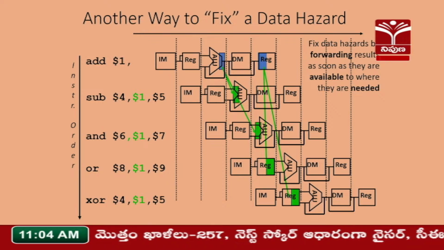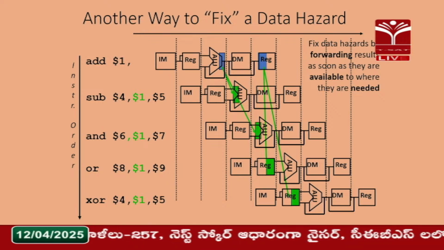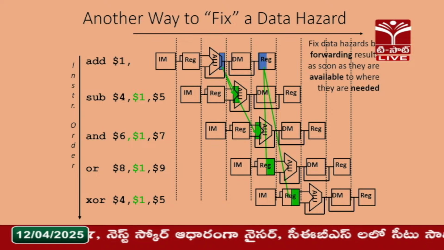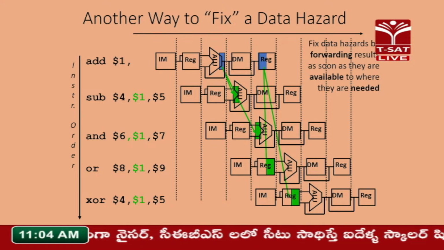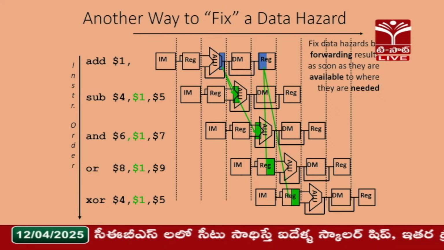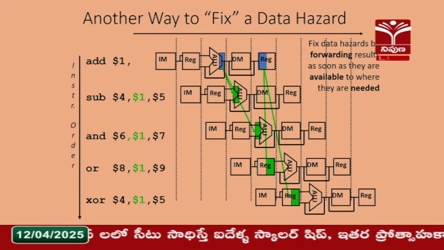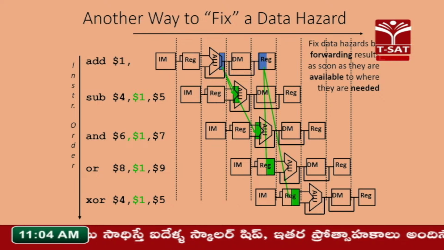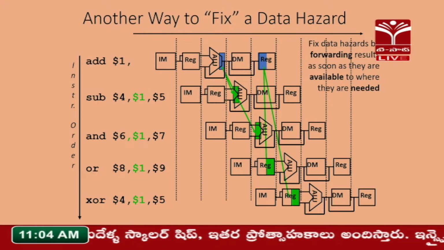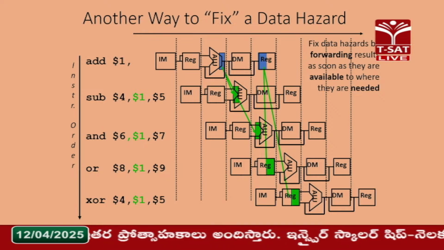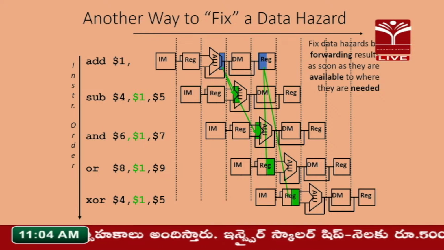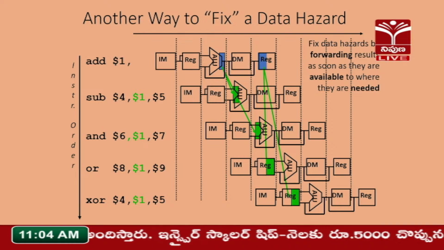Before it goes into the register, the value is available at the output of the ALU, because if you look at the add instruction, add did an operation and the ALU has the data. But before it goes into the register, we can move it in the pipeline and create some muxing logic to forward it to the next two instructions without any issue, right.